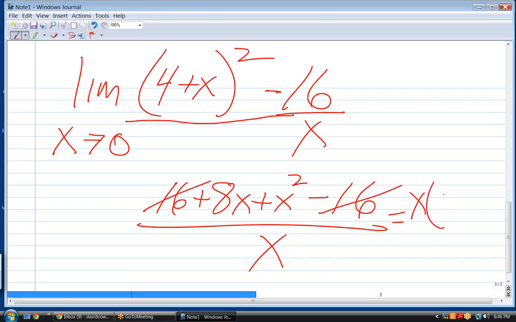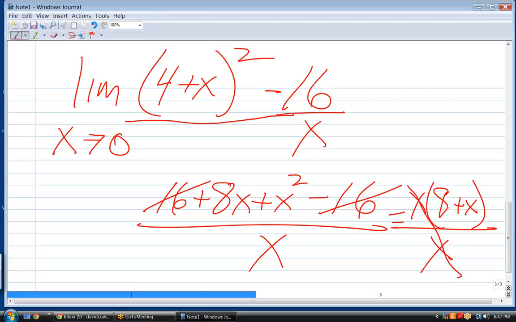So I've got x times (8 plus x) in the numerator, and x in the denominator. Now, as x approaches 0, what does this go to? We've just got 8 plus x left.